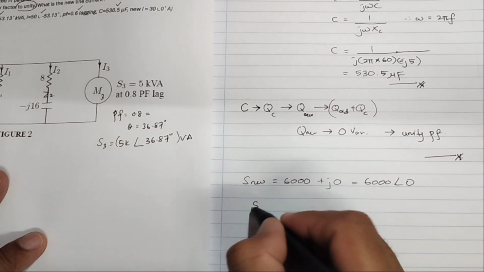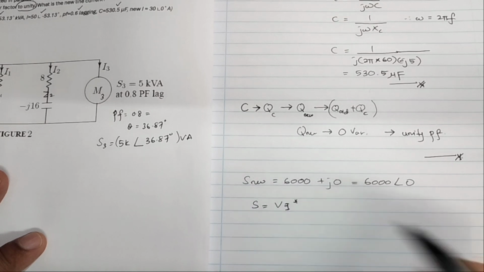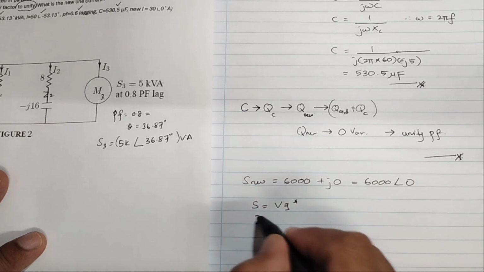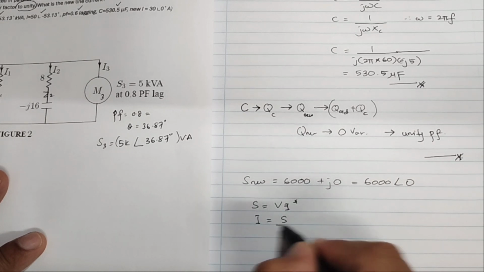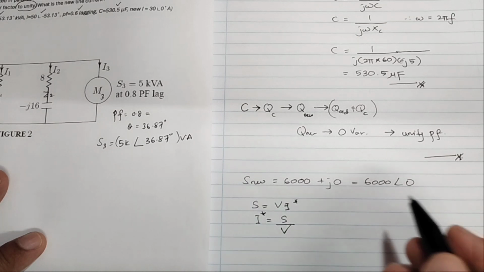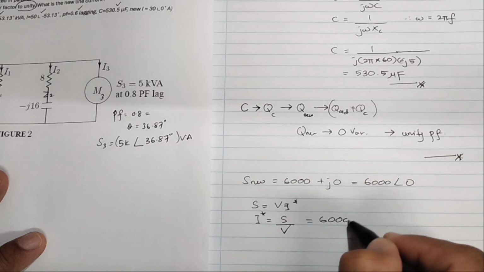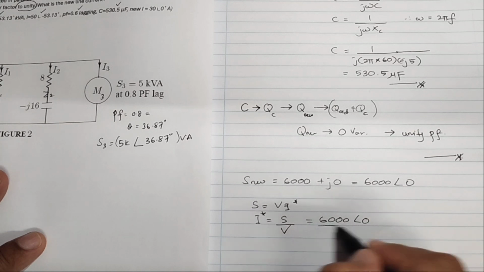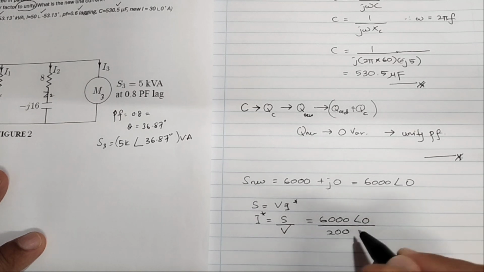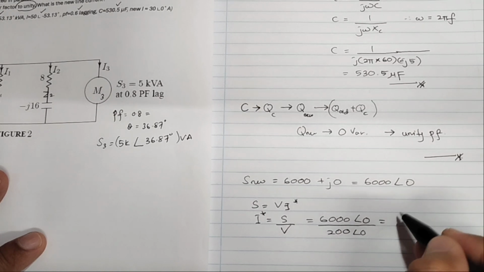S is equal to VI conjugate, right? So, I is equal to S over V. I conjugate. So, sama dengan S baru berapa? 6,000. V still lagi 200. So, 6,000 bagi 200. 6 bagi 2, 3. 30.